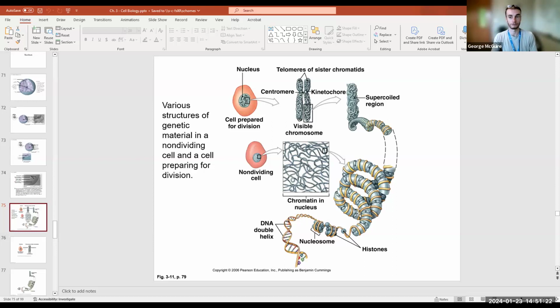And then those will wrap even further and make interactions with other nucleosomes, creating these supercoiled regions in our chromosomes, which is performing 2 functions. It's protecting the DNA, the nucleotide sequence that is within this DNA, so it's not as exposed to external factors that would change it, cause a mutation. And it also plays a role in our genetic expression. So when our genes are not being actively expressed or will not be expressed often, they will stay wrapped up into these nucleosomes.